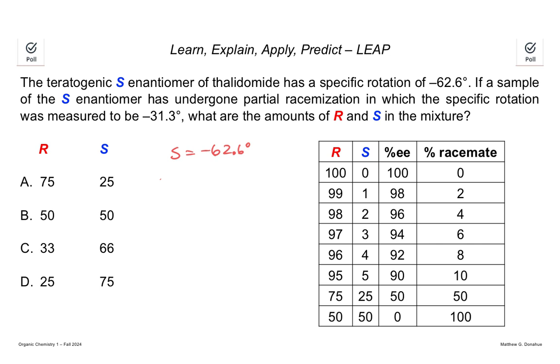If the pure S has undergone partial racemization, not full racemization, and we measure that value to be negative 31.3, the question is asking you here, it's not this column, but sort of these first two. What are the parts, R to S, in that mixture?